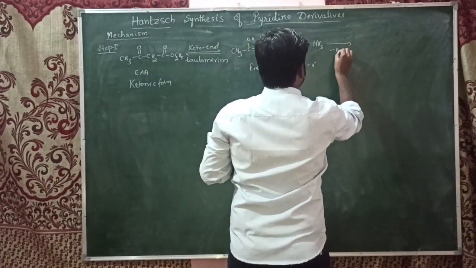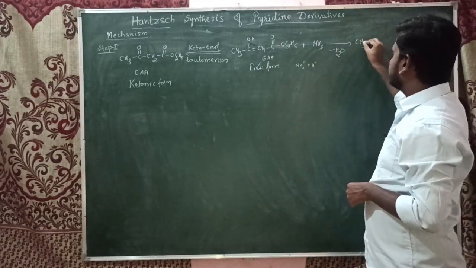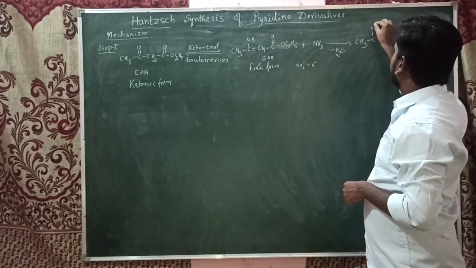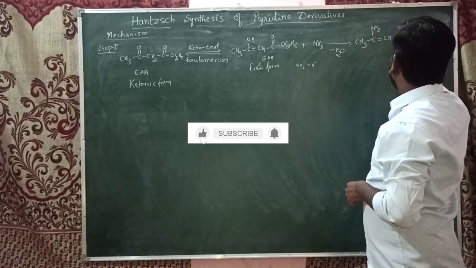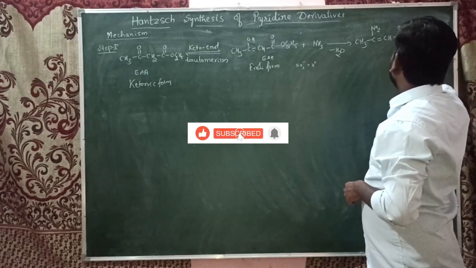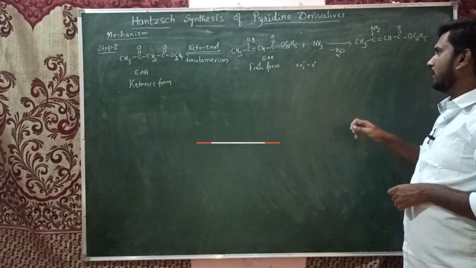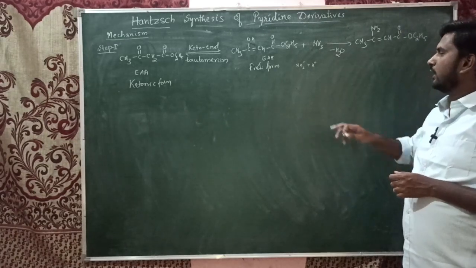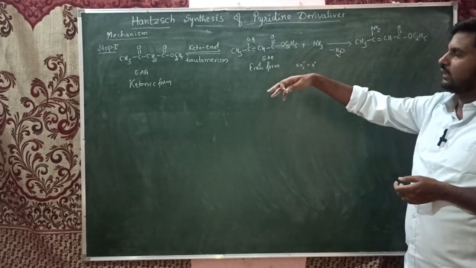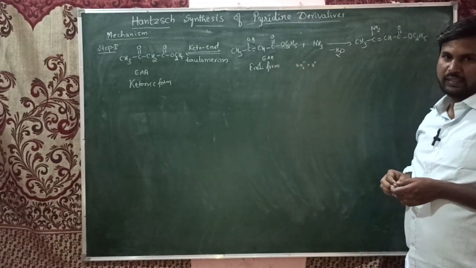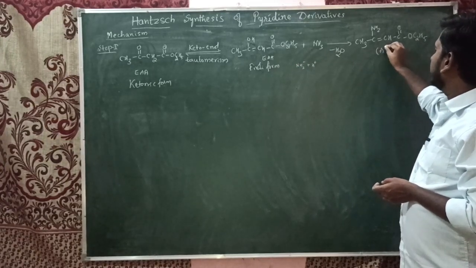So by eliminating water, I'm going to get CH3 C NH2 double bond CH COOC2H5. Just like a substitution, but it is actually a condensation. We have removed water, and I just made it easier for you to understand. So that's why the enolic form of the EAA has been taken. Let me call this A.